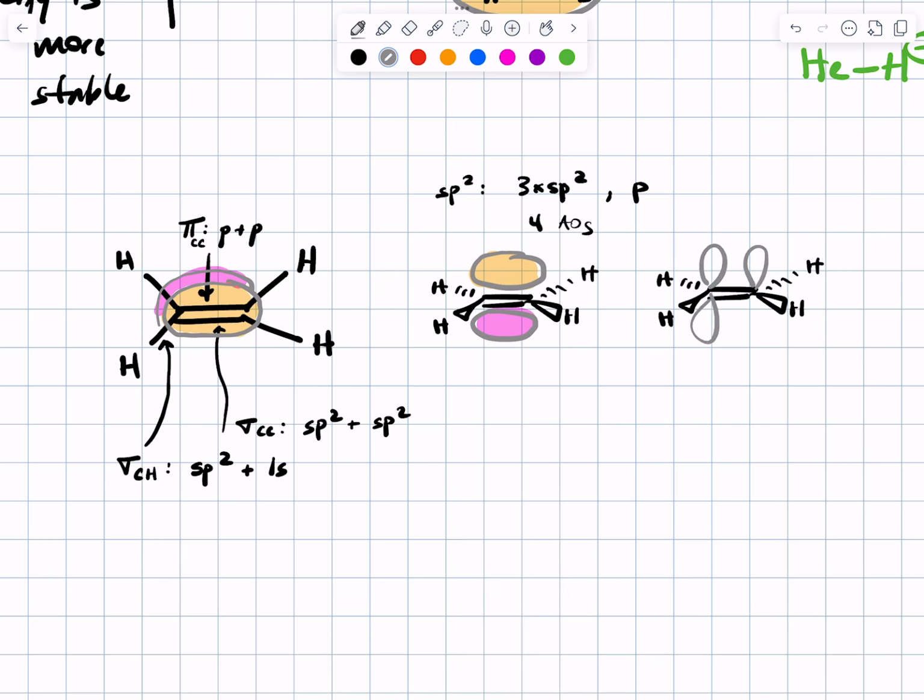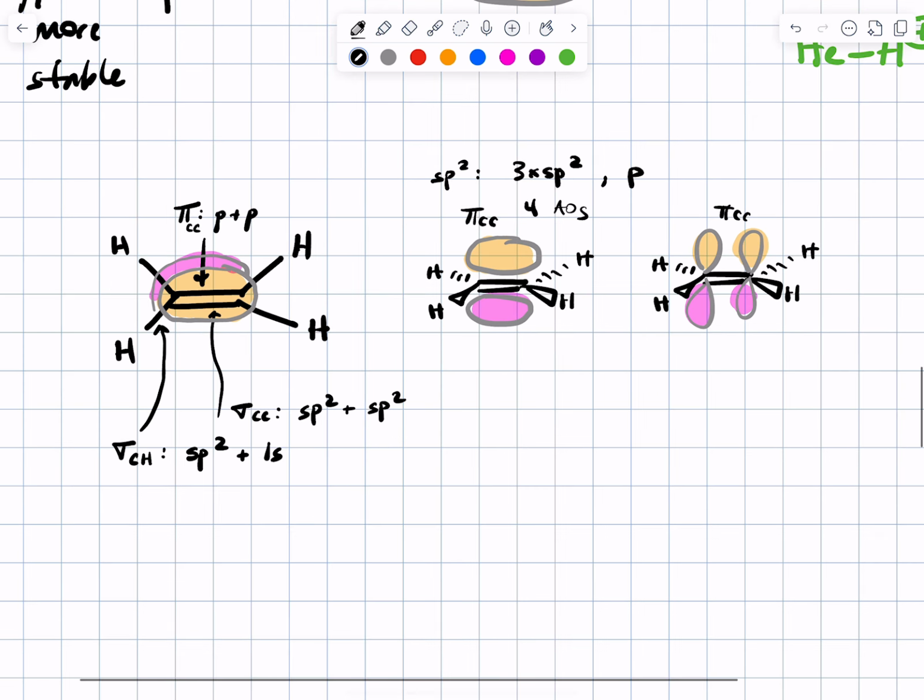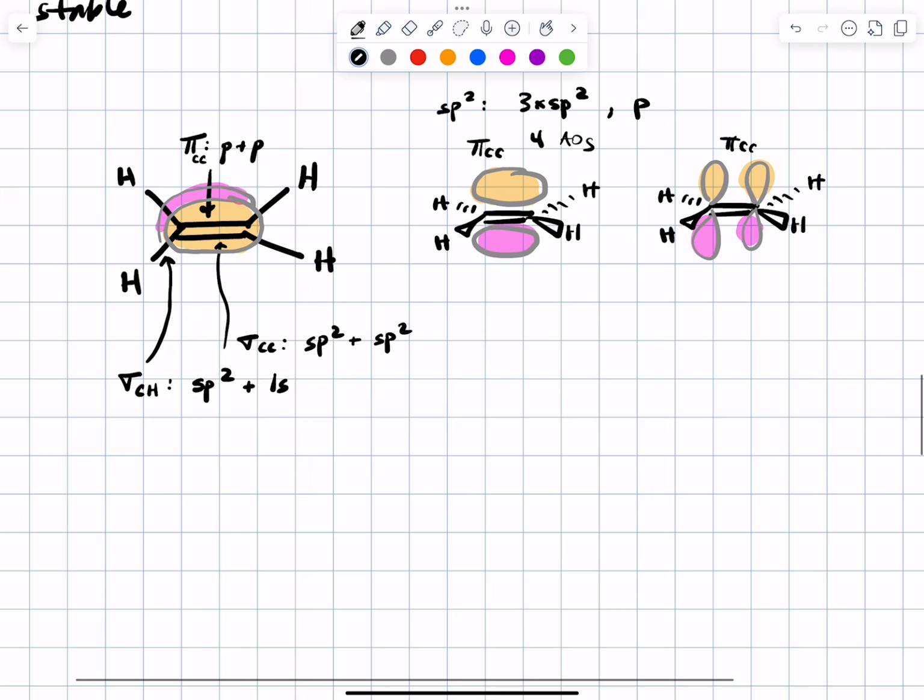In other words, all three of the drawings of the pi orbital that I've done in the past few seconds are all equivalent. These are all okay drawings of a carbon-carbon pi bond. Okay, that's the bonding orbital. Now let's talk about the antibonding orbitals. This is what we haven't dealt with. Okay, so we'll start with pi because we've drawn things.